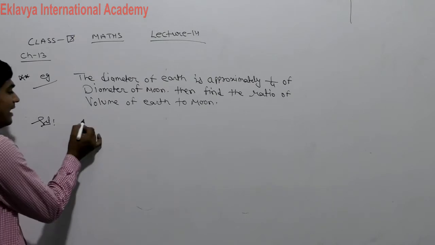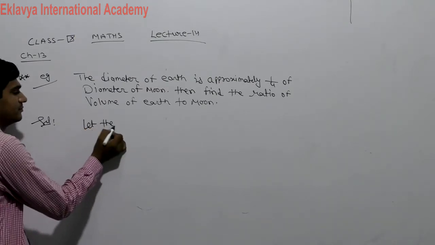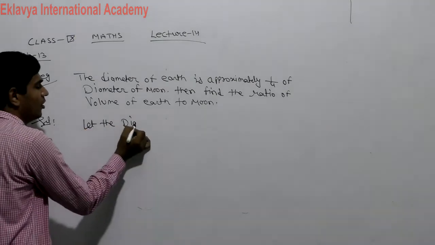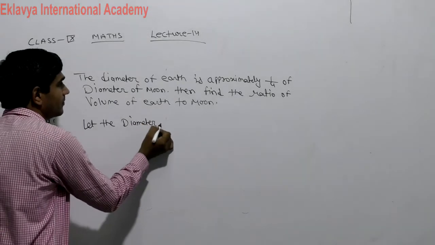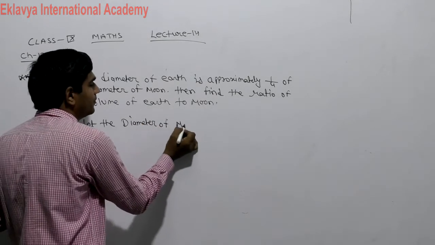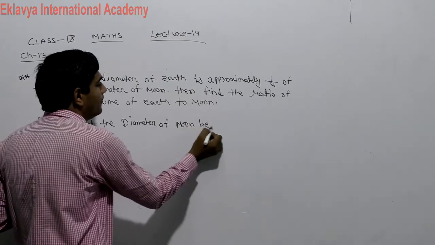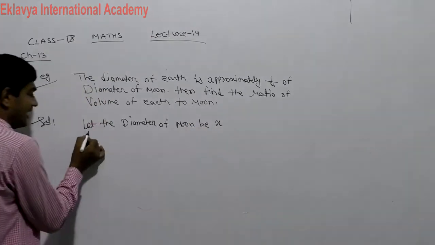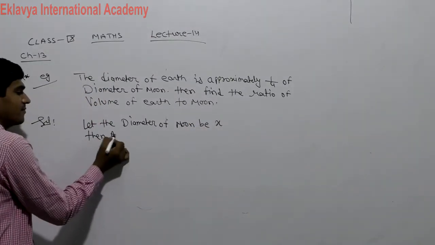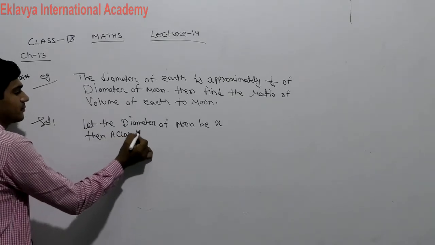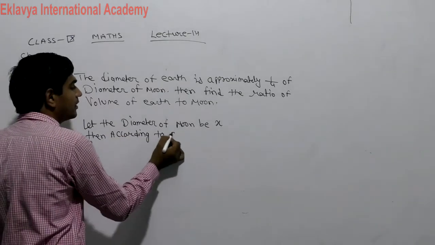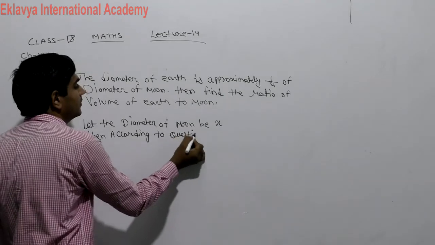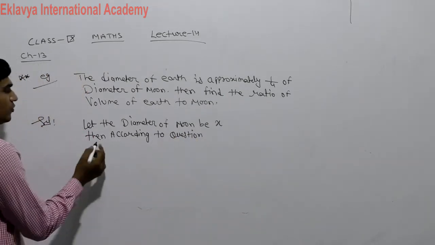So let the diameter of moon be x. Then according to the question, what is given to you?